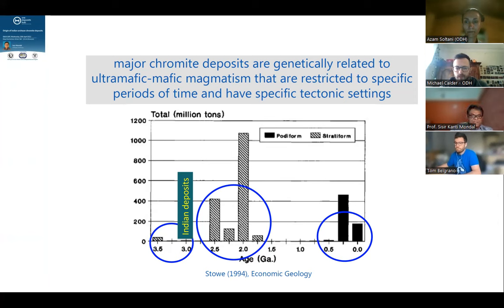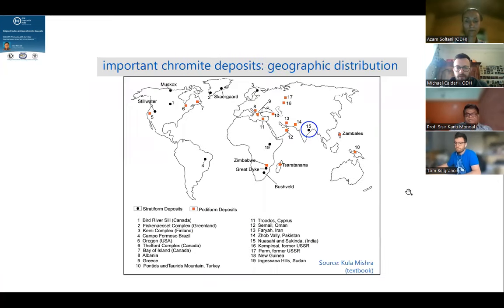And we have some early Archean to Mesoarchean chromite resources within the high-grade terrain, as well as in the low-grade greenstone belt.